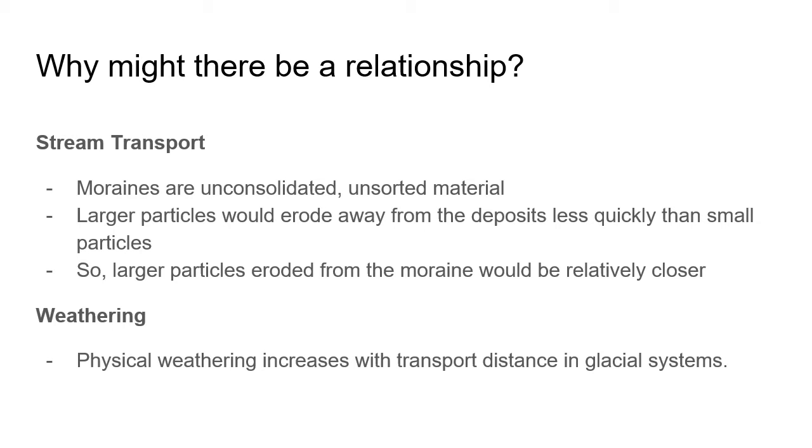So we should see that increase as we get closer to these moraines. And then in terms of weathering, physical weathering increases with transport distances in glacial systems. So we see more physical weathering as we get closer to these moraine sites and these big masses of glacial material.